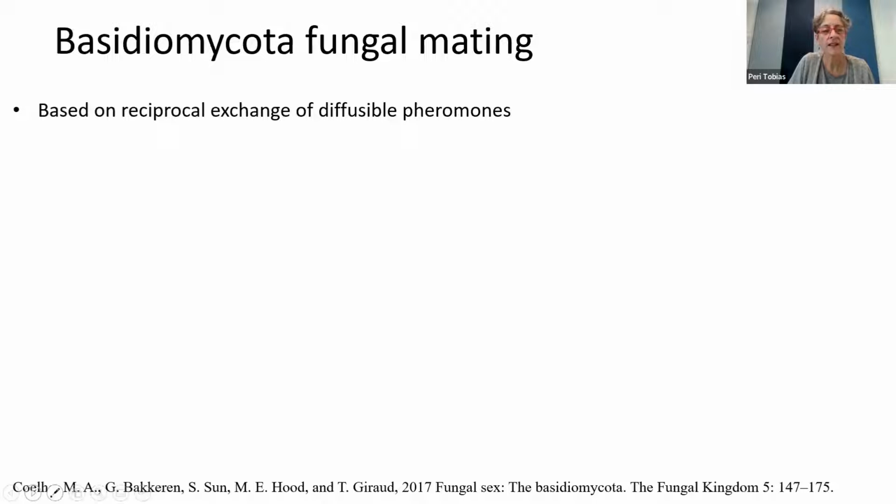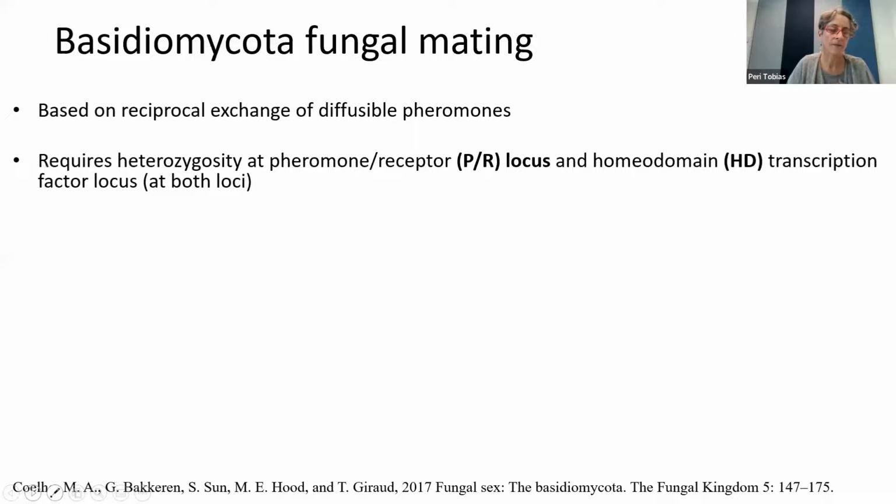So Basidiomycota fungal mating is based on reciprocal exchange of these diffusible pheromones. And what it requires is heterozygosity at the pheromone receptor in one haploid and the homeodomain transcription factors.